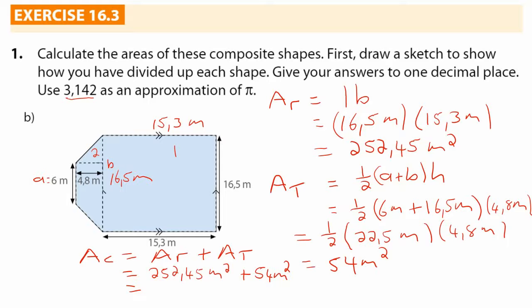So now if we add those two, we get 306,45. We have to round to one decimal. Here's our first decimal. The neighbor on the right is 5 or bigger, so our decimal place will have to increase by 1. 4 plus 1 is 5. So it's 306,5 square meter. That is the area of the whole composite shape.